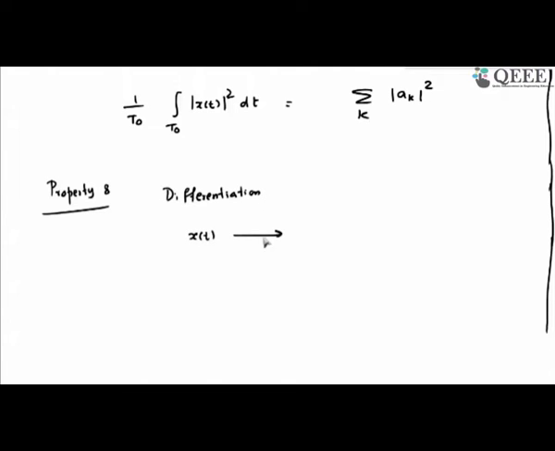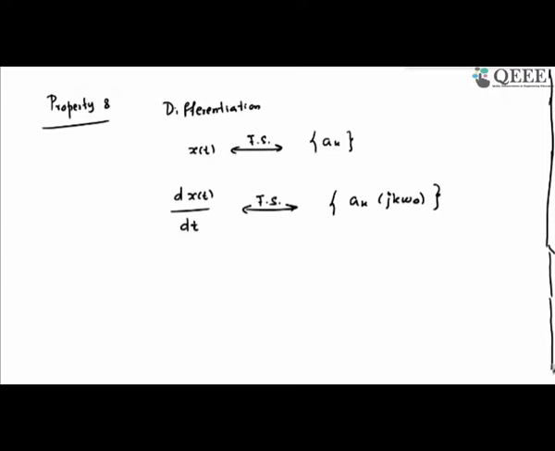Let us say x of t has Fourier series representation using Fourier coefficients ak. Now the derivative of signal x of t will have Fourier series coefficients ak multiplied with jk omega naught. So the kth harmonic coefficient for the derivative is nothing but the original signal's coefficient ak multiplied with this jk omega naught. We can easily verify this property.